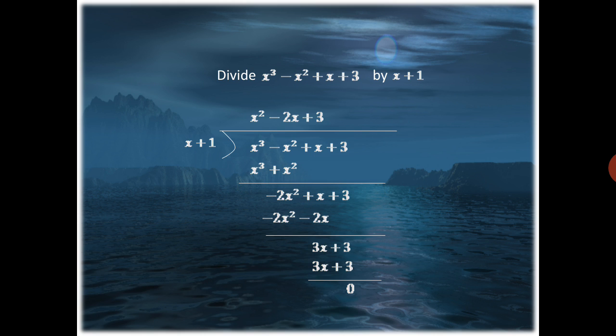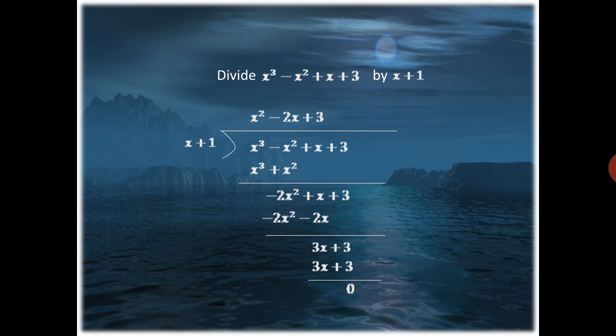Now we have a new polynomial, minus 2x square plus x plus 3. We compare this to the divisor. The first term of the divisor, that is the highest one, and the new dividend's first term, minus 2x square, are supposed to be compared.